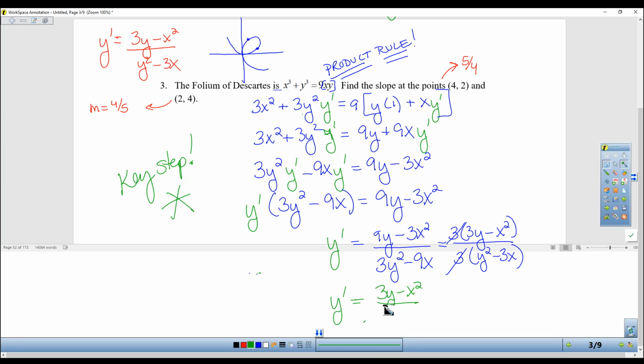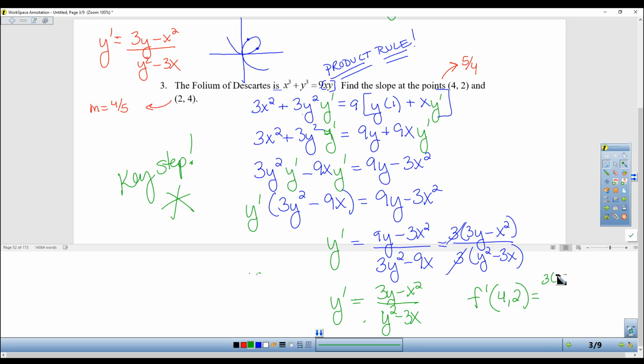Okay. And then the question was, what is the slope at (4, 2)? So we did learn a notation for this. Normally we would write f prime of x, but in this case we need f prime of (4, 2). So it's an ordered pair, but it's still assumed that x comes first and then y.